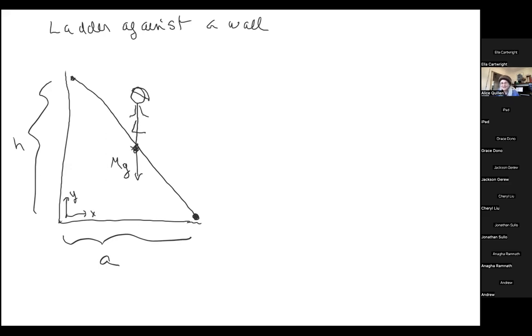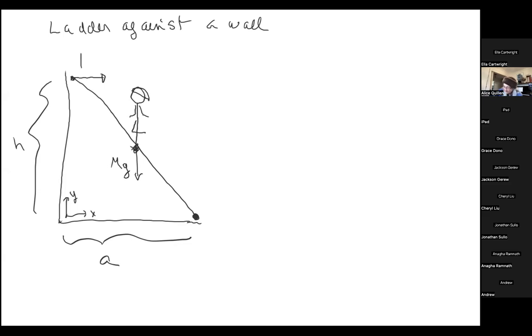So what are the wall and the ground doing? Let's assume the wall has no friction, which is not a great assumption, but it'll simplify the problem. So there's a normal force from the wall, and there's no force parallel to the wall if there's no friction.